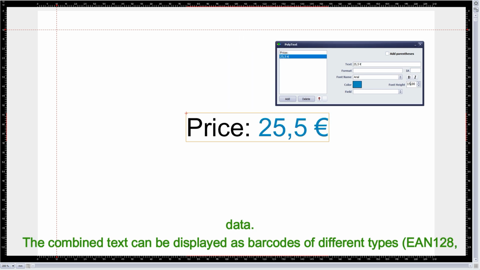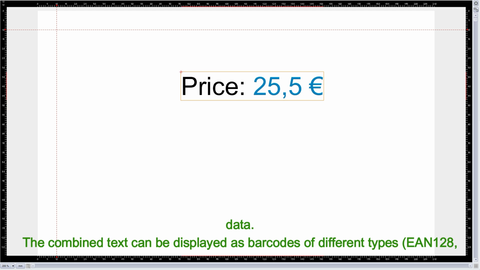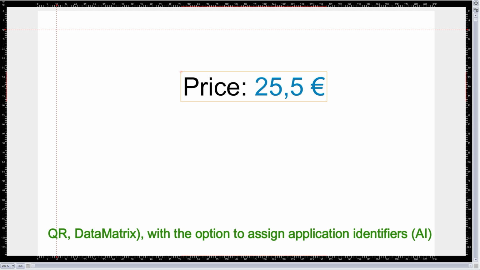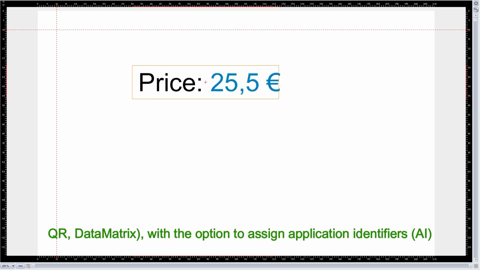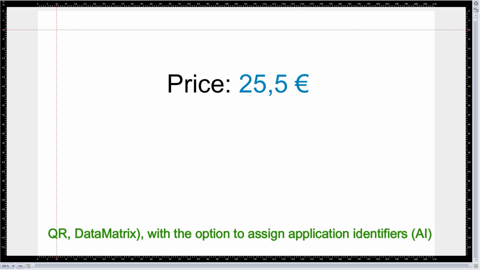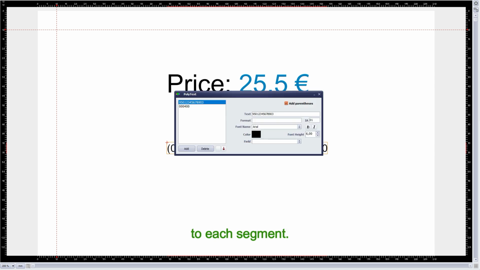The combined text can be displayed as barcodes of different types, EAN 128, QR, data matrix, with the option to assign application identifiers, AI, to each segment.